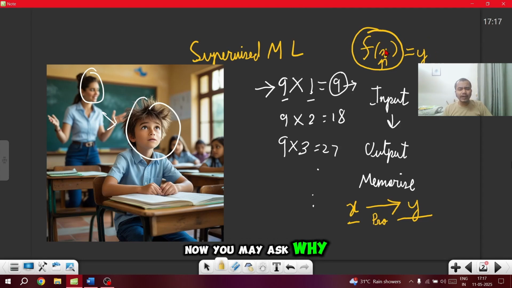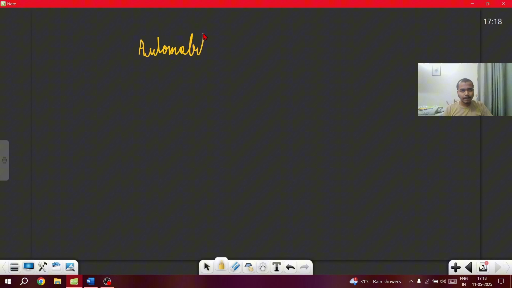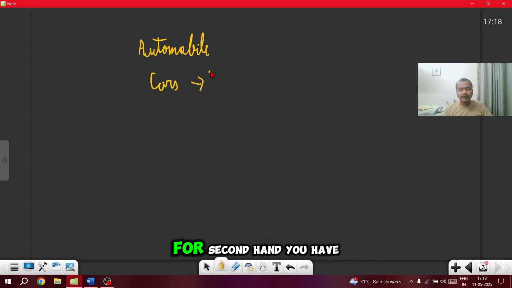Now you may ask, why do we have to find this function? What's the use? Now, imagine you have an automobile shop, and you get cars to sell second hand. You have to predict the perfect price to pay to the customer who is selling you the car, and also the perfect price for a new customer who is buying that car from you.